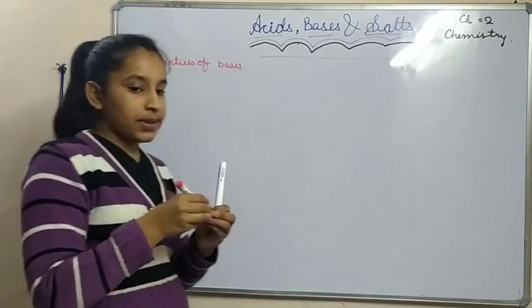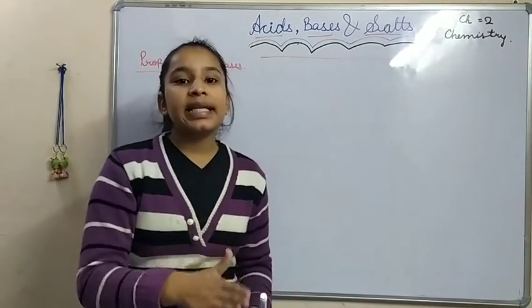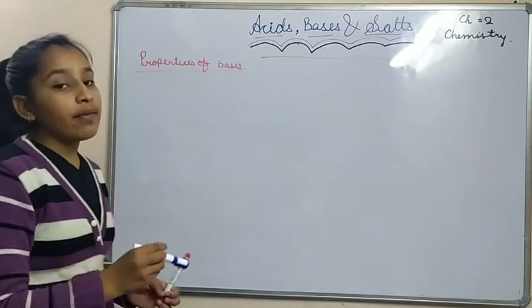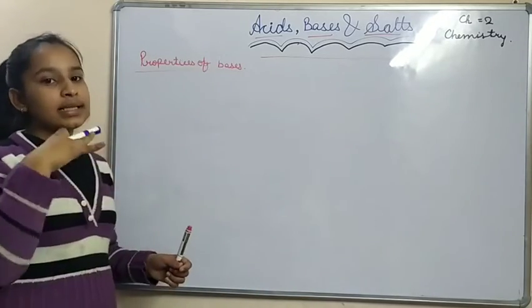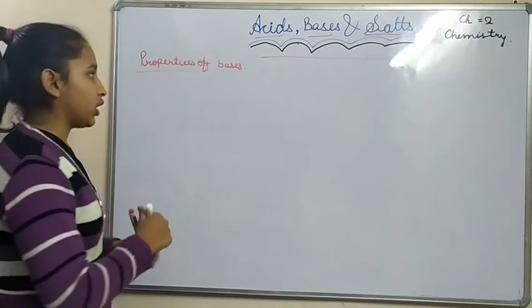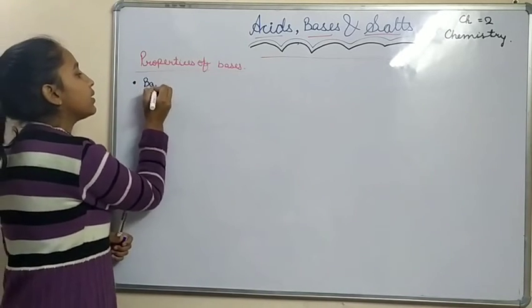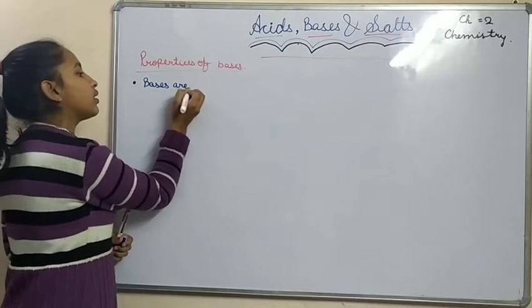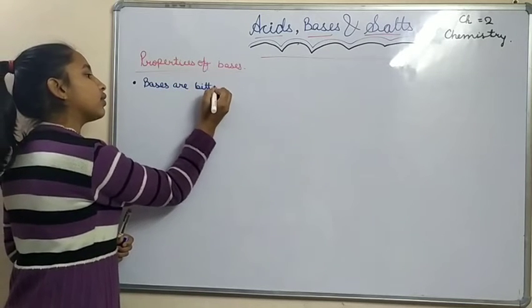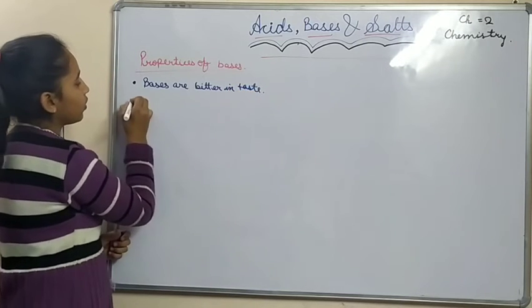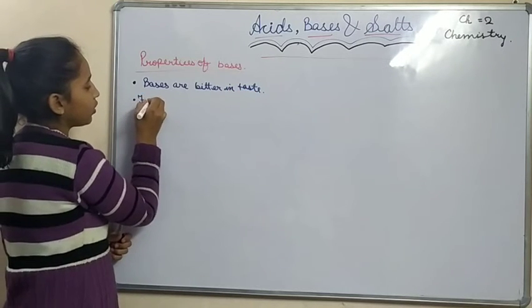Bases are those substances which are bitter in taste, feel soapy in touch, and have a pH value more than 7 and less than 14. First property of bases: bases are bitter in taste, and feel soapy in touch.